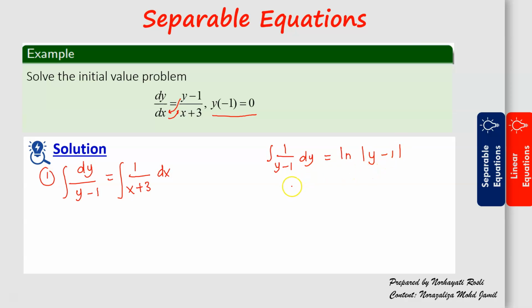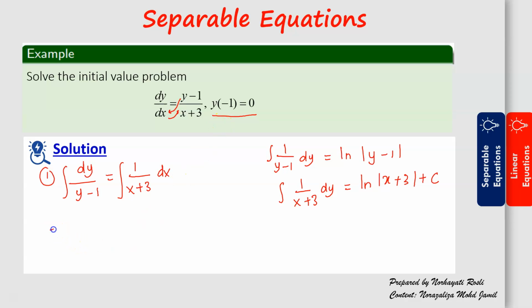Then integrating 1 over (x plus 3) dx, we will get ln of (x plus 3). In this case, you have to put c, because at first it is in terms of the general solution, but later you can substitute the initial value to get the particular solution.